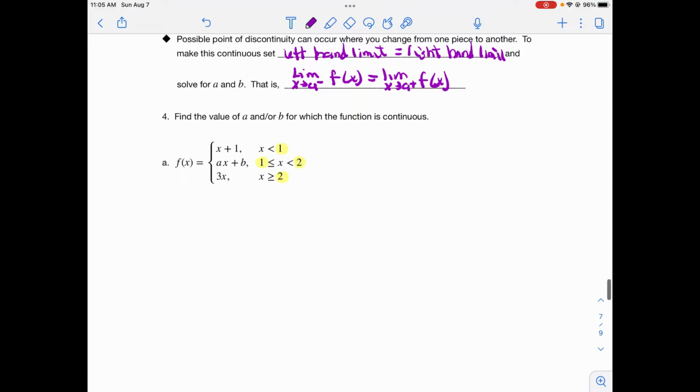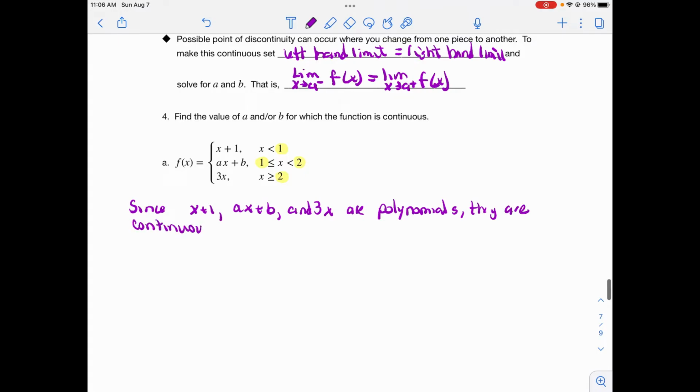First thing I notice is that since x plus 1, ax plus b, and 3x are polynomial functions, they are continuous everywhere they're defined. So I don't have to look at any other possible points of discontinuity. The only points where discontinuity could occur are at 1 or at 2.